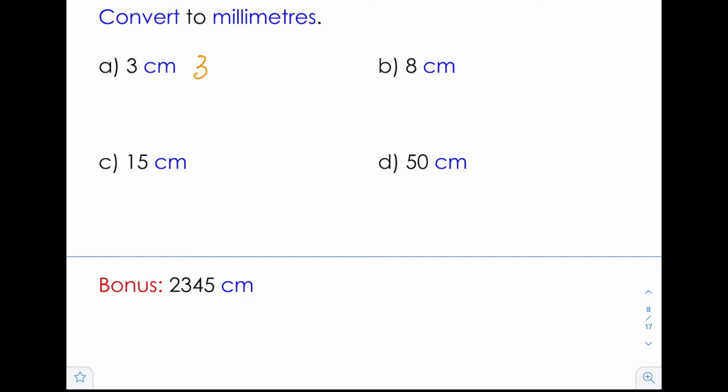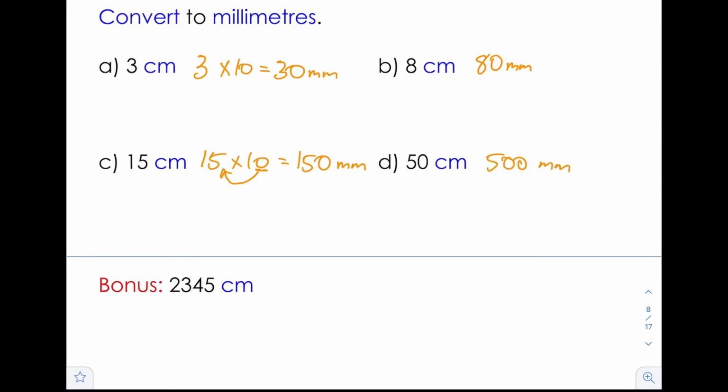So as we already discovered, 3 times 10 is equal to 30 millimeters. 8 centimeters, 8 times 10 is 80 millimeters. 15 times 10 is, remember you learned this trick before, if you're multiplying by 10, you're taking that extra 0 and adding it to the end, so you have 150 millimeters. 50 centimeters would be 500 millimeters.